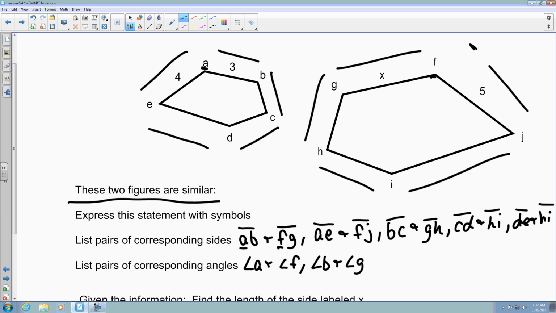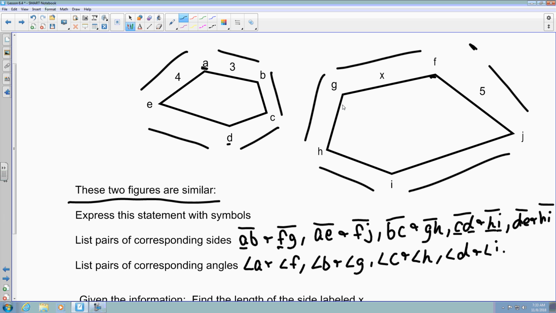Okay, so looking further, let's go angle C, and I'll go angle H, because you got C and H. We got angle D, and I'll say that angle D and angle I are corresponding.